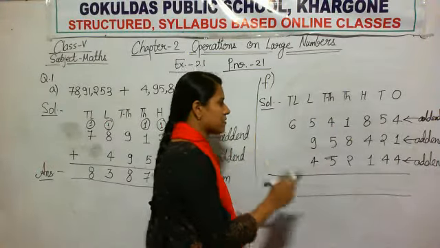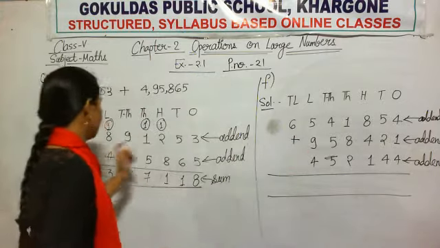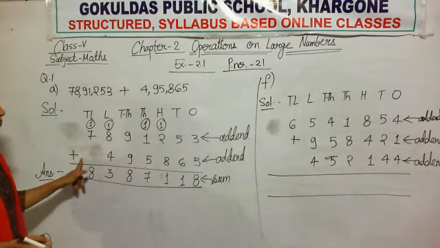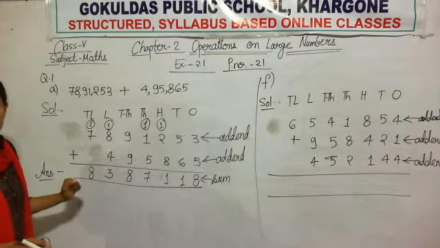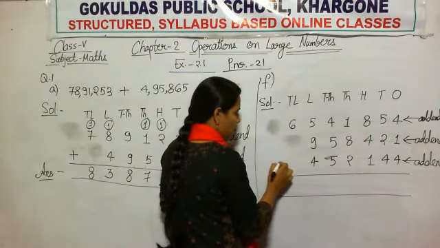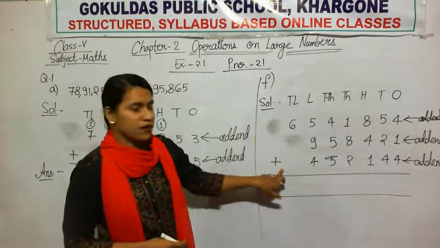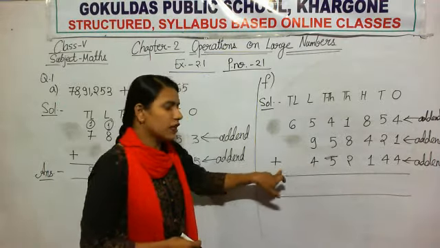Now put the plus symbol. Should I put it here? No, it is the wrong way to put the symbol. Should I put it here? As I put the symbol left of the last one before, you cannot put the plus here. Remember, you have to put the plus symbol to the left of the last number, the last addend.